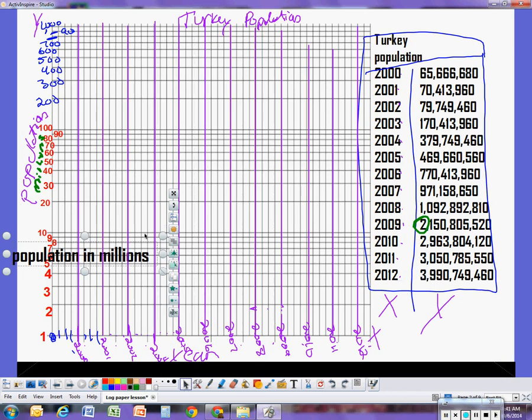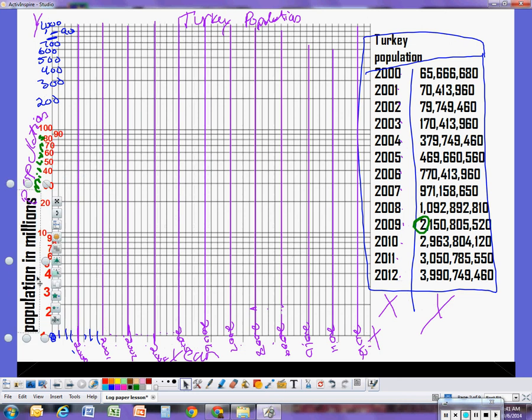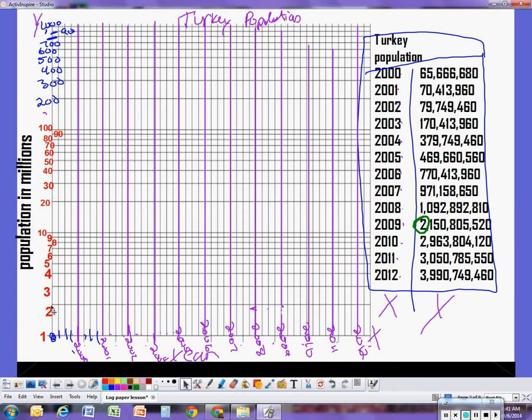By putting in millions, you are effectively saying all of these numbers are millions, no matter what they might say. So that way this is 1 million, 2 million, 3 million, 20 million, 200 million. So that way it covers all of our numbers.